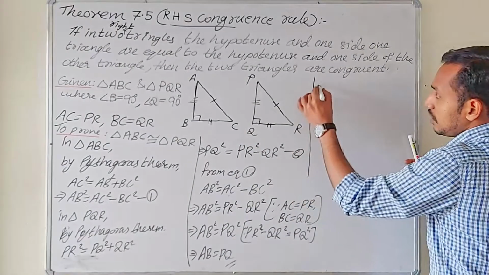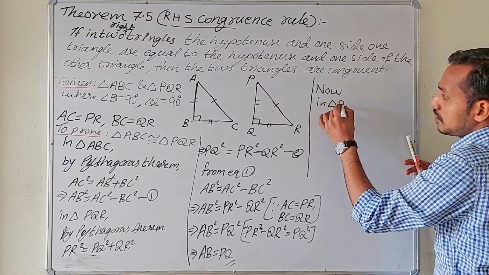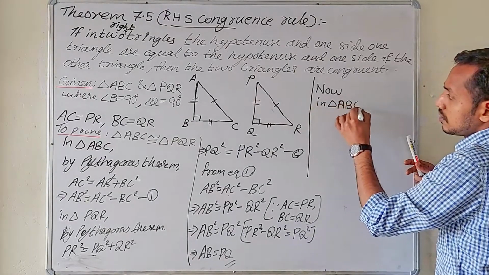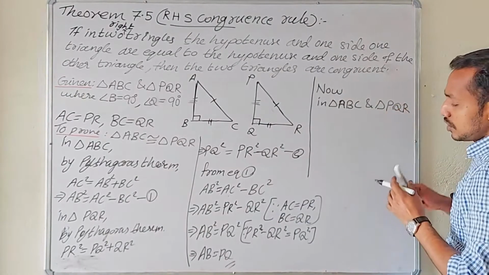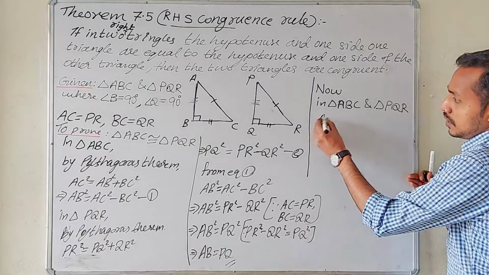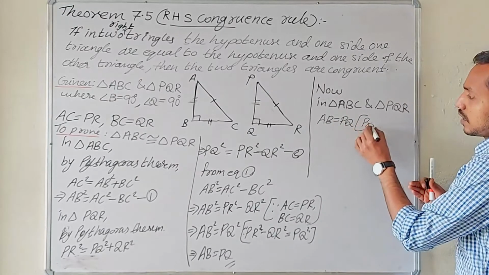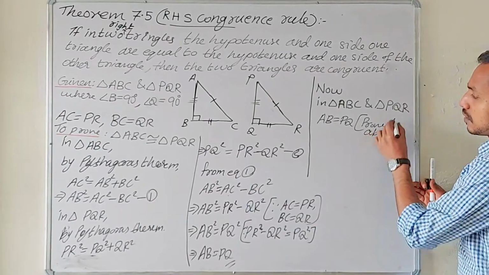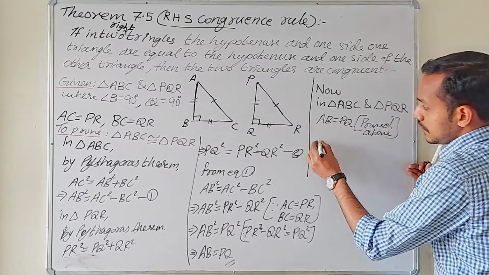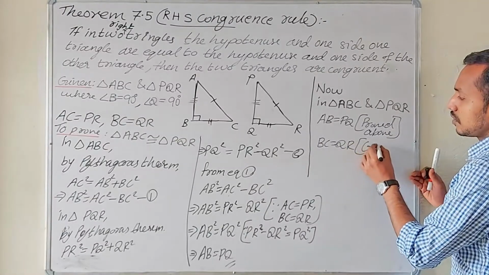That is, now in triangle ABC and in triangle PQR, AB is equal to PQ, which we just proved. And BC is equal to QR, which is given.